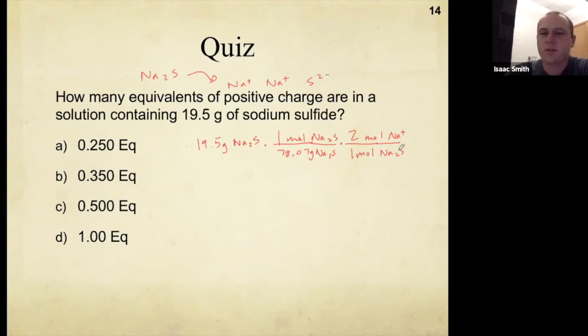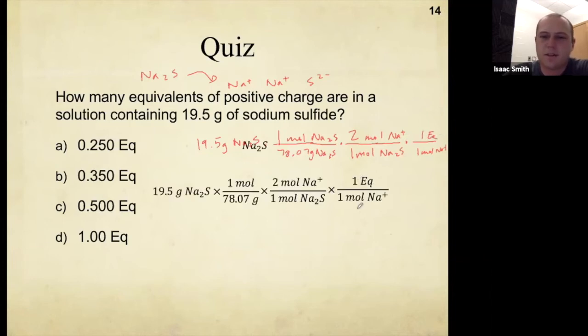So for every 1 mole of sodium sulfide, we get 2 moles of sodium plus. And then that basically gives us our equivalents, because for every 1 mole of sodium plus, we have 1 equivalent. You can see the calculation done here a little more clearly. Running all that through your calculator, you'd get 0.50 equivalents.